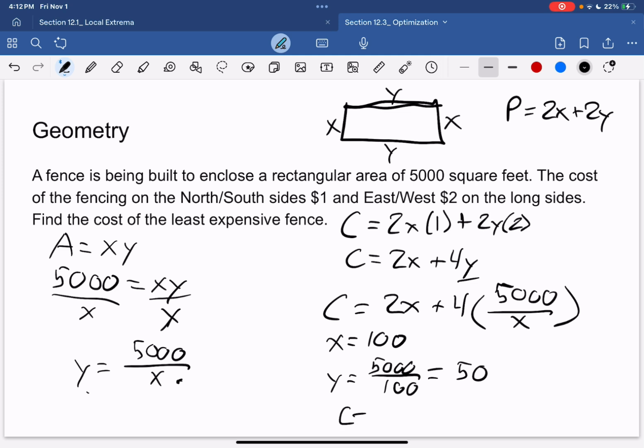So I substitute those back into my cost equation: 2 times 100 plus 4 times 50, which is 200 plus 200, or 400. So I could put this fence in for $400 to enclose that area, with the X sides being 100 feet and the Y side being 50 feet. My cost for that would be 400.